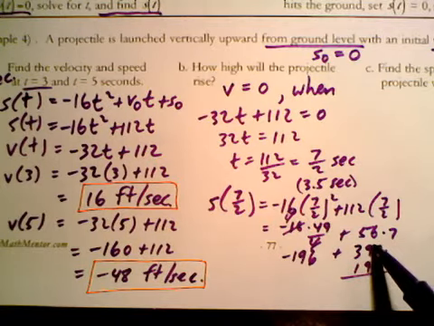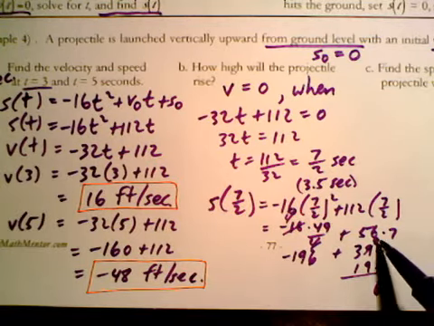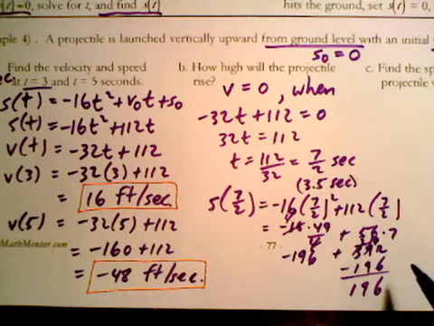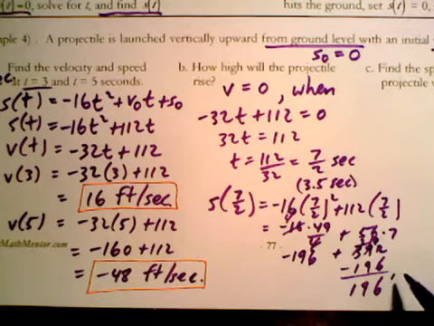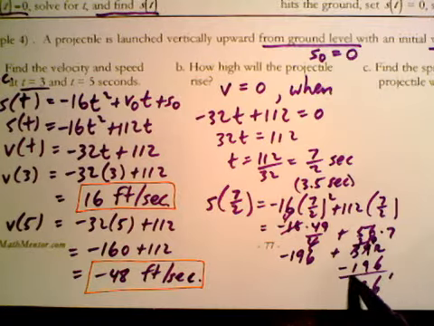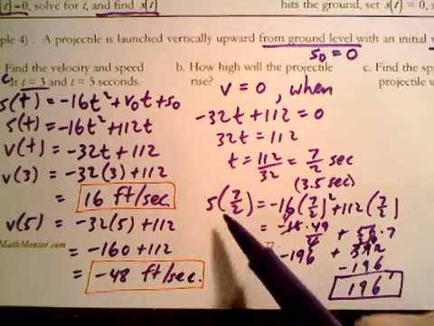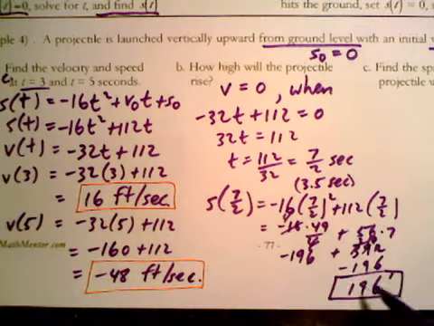That's 196. Yeah. So 196 feet is how high it went. Sorry for the delay there. I had a little brain freeze. Anyway, 196 feet high, so S of 7/2 is 196 feet, and that's how high it went.